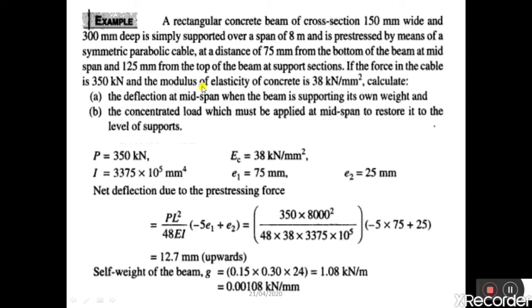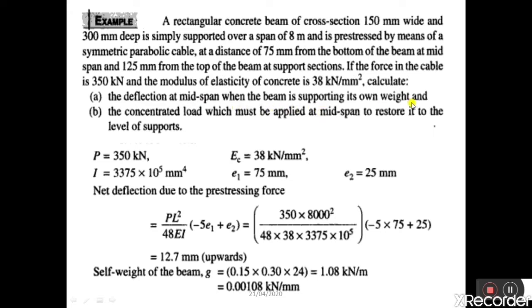It is also given that the pre-stressing force is 350 kilonewton. They have given Young's modulus of concrete. Young's modulus of concrete is 38 kilonewton per mm square. So we need to calculate what is the deflection at midspan when the beam is supporting its own weight.